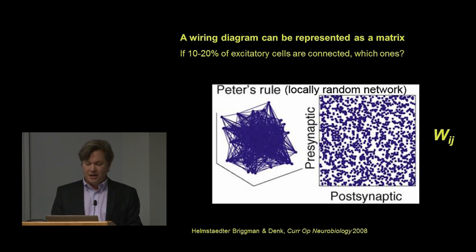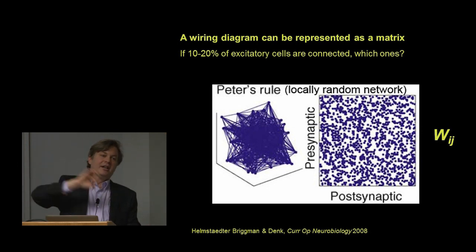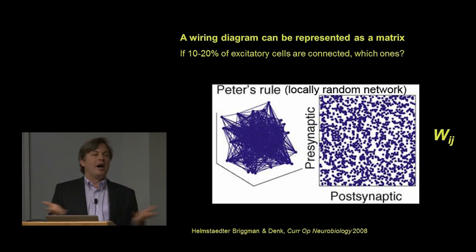So we have, on the left, just a spatial diagram of an assembly of neurons sitting in 3 dimensions with the blue lines connecting each point, and that's the wiring diagram of those neurons connecting with each other.